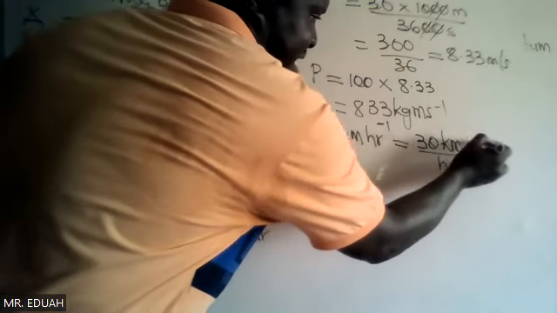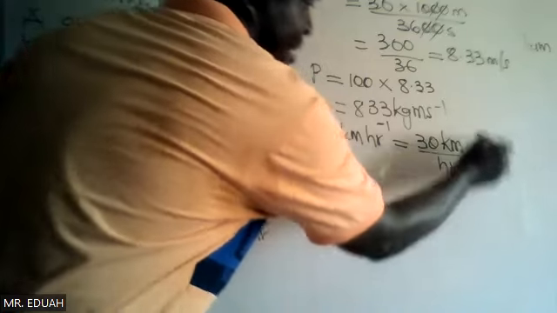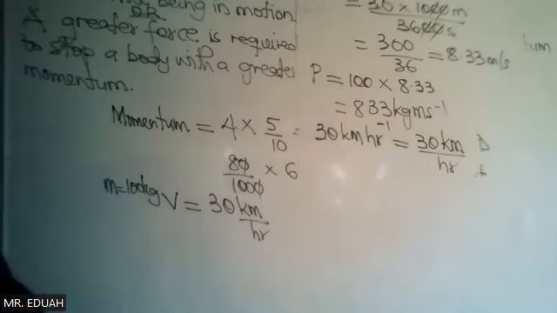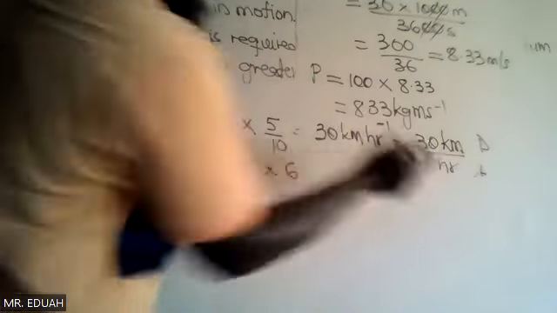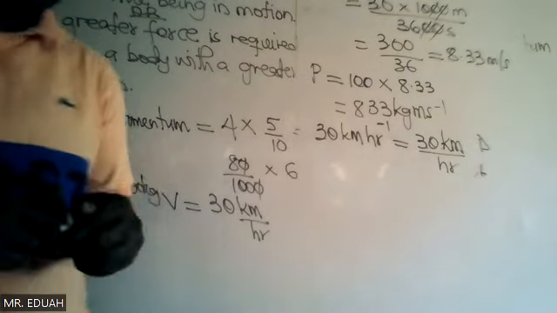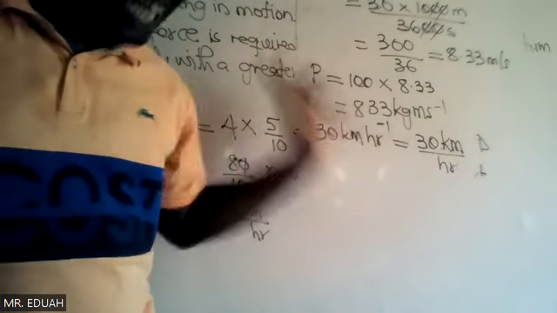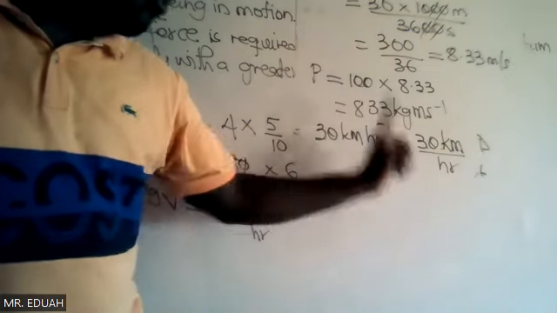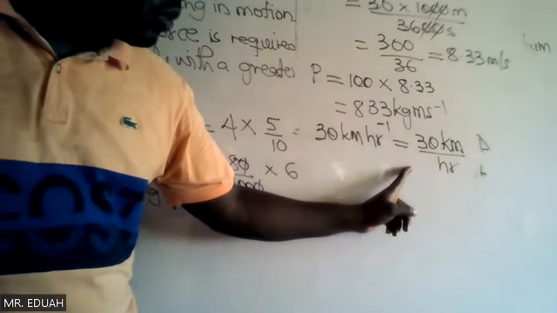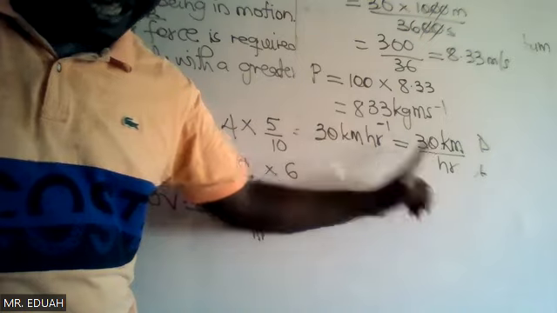This is distance, this is time, giving velocity or speed. So convert the numerator, which is the distance, to meters, and 1 kilometer is equal to 1,000 meters.